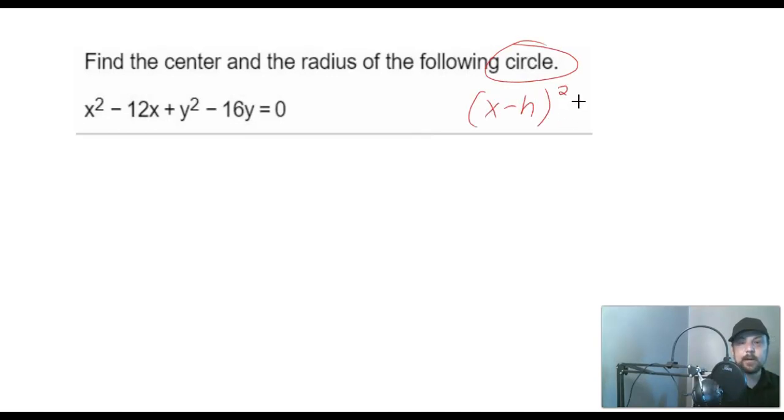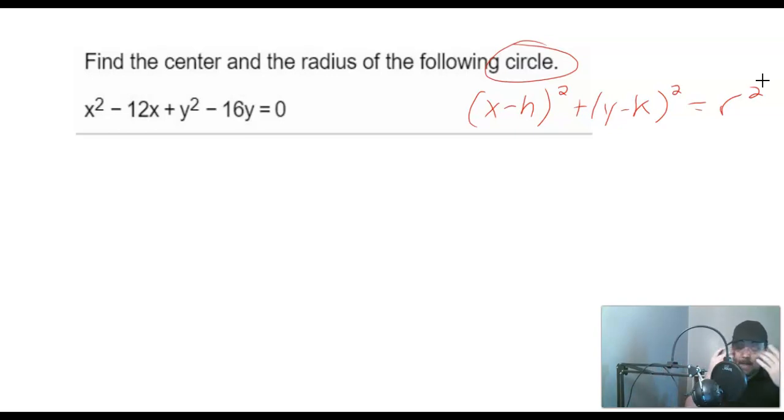X minus h squared plus y minus k squared equals r squared. Once the equation has that form, we get all the good information we need to find the center and the radius and to graph it. If it's not in that form, that information is beyond our knowing. We can't just look at the equation and know it.